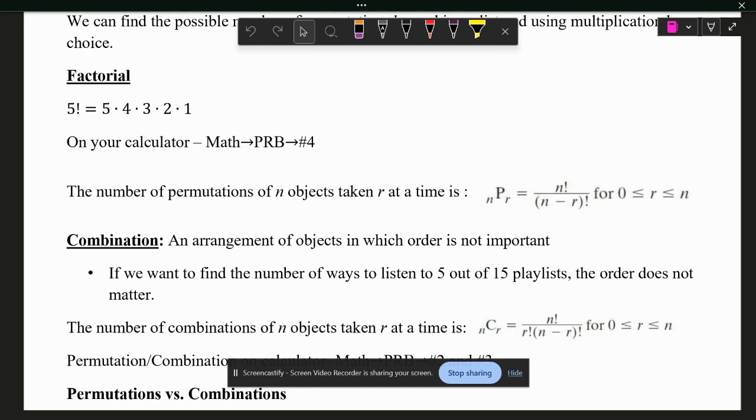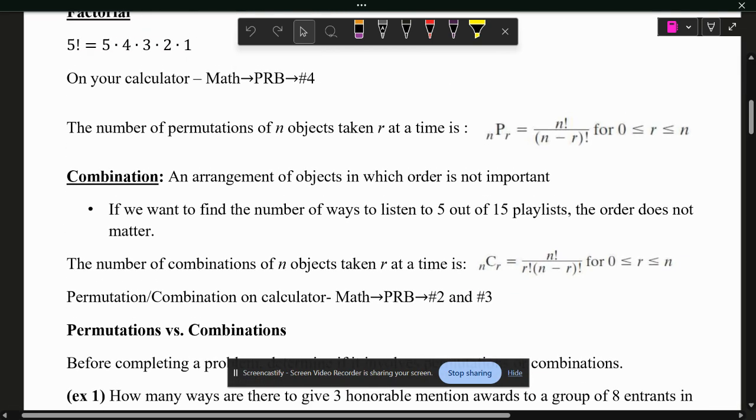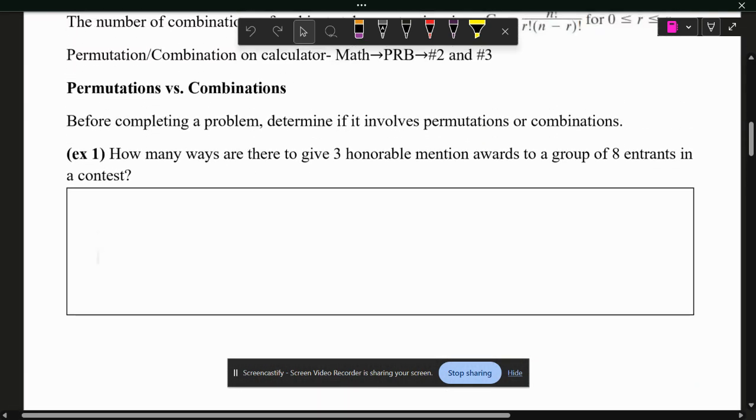If it was 3 factorial, it would be 3 times 2 times 1. If it was 7 factorial, it's 7 times 6 times 5 times 4 times 3 times 2 times 1, and so forth. Okay, so it's just multiplying, going down basically. On your calculator, you can find these. I'm going to show you how to in this video as well.